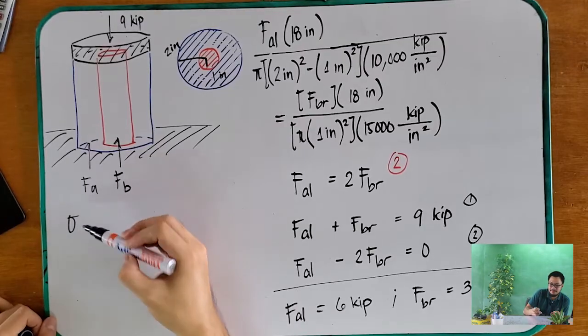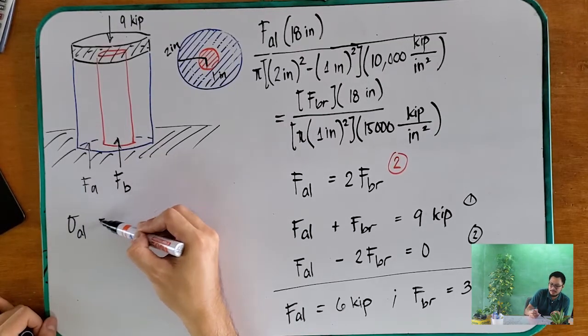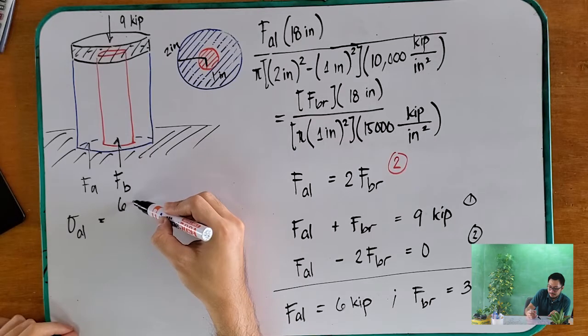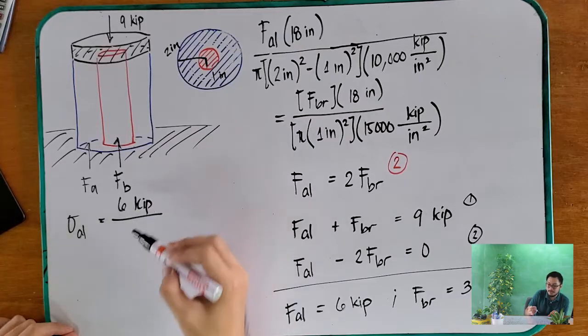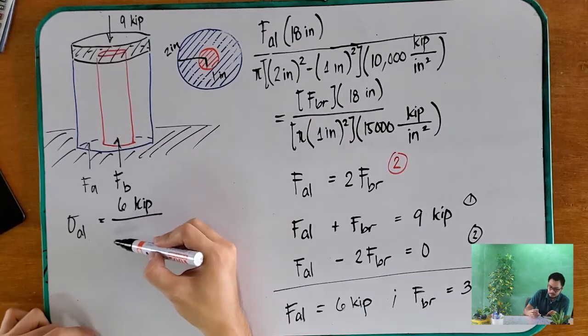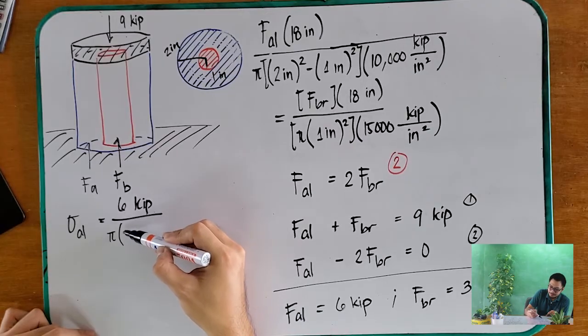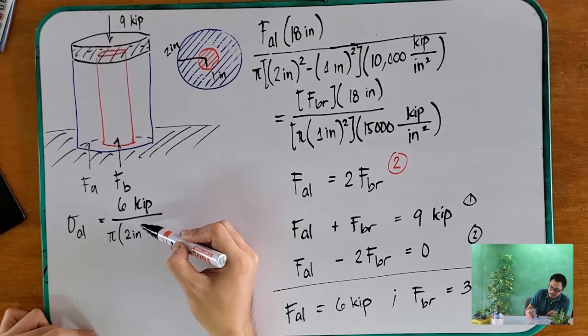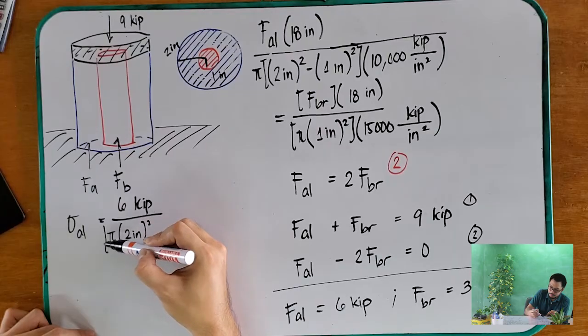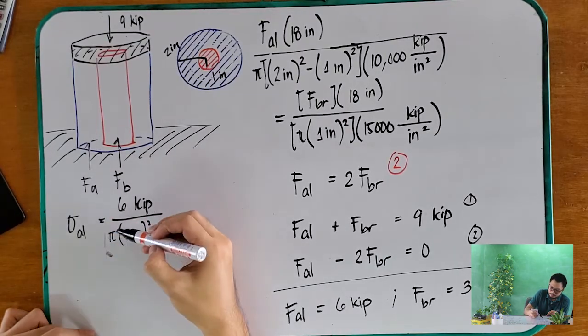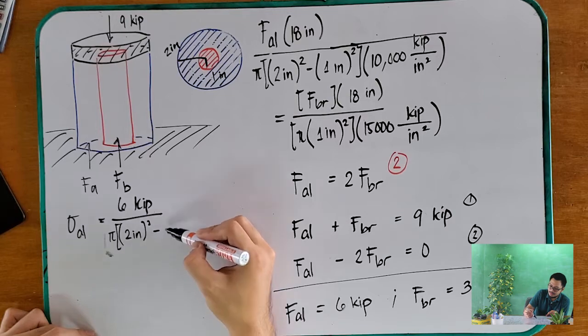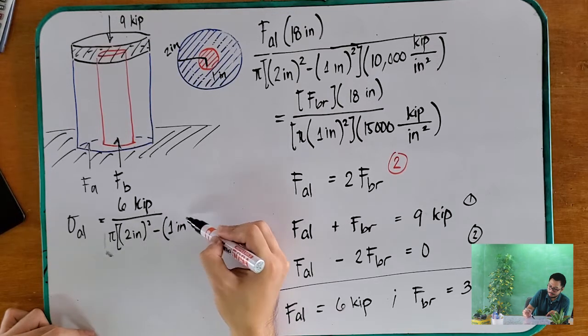So what are you going to do? Well, simple. Your average normal stress of your aluminum is equal to the normal force, which is 6 kilopounds, over your cross-sectional area: pi times 2 inch squared minus 1 inch squared.